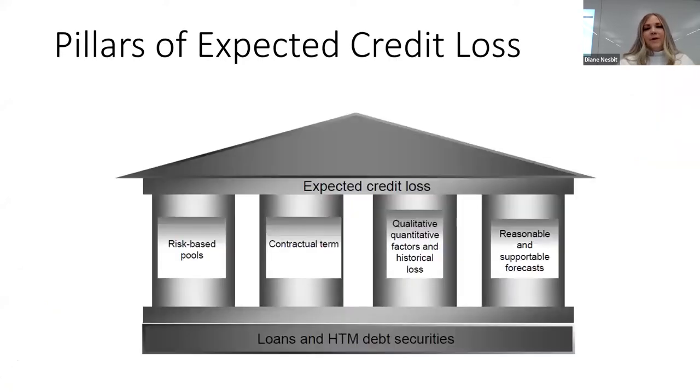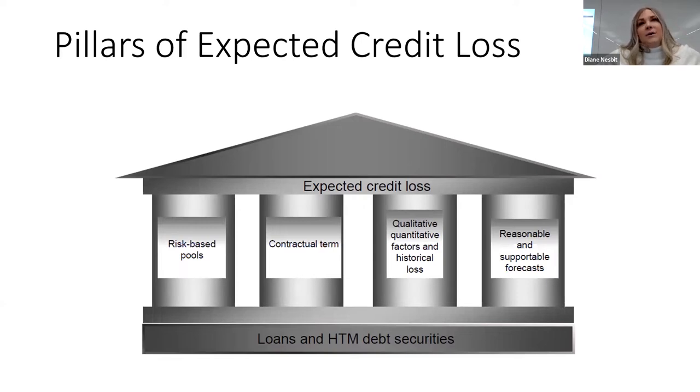So with that, your pillars of expected credit loss. If you read through the standard, they'll talk about these pillars quite often. Essentially, these are your inputs. You've got your assets there, at the bottom of the structure, and then you're looking at some of your different inputs. One of the first things to look at is, can I pool these assets based on risk characteristics and other attributes, which is a good thing about this standard.